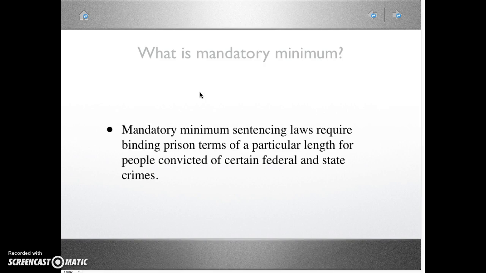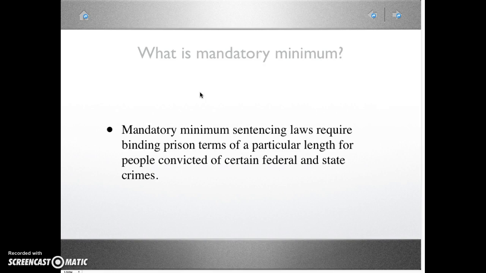And so you have cases where people were engaged in just selling marijuana, but it passed that threshold of mandatory minimums. And the judges, even though they might have wanted to reduce the sentence because of the circumstances, were unable to do so because of mandatory minimum sentencing laws.